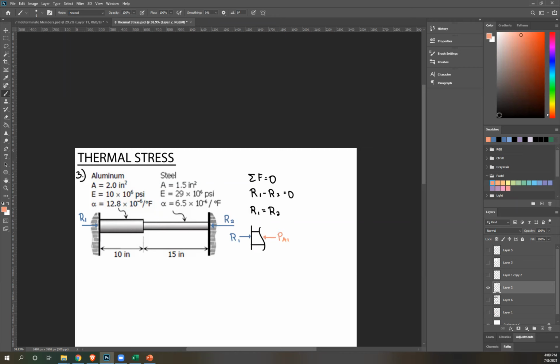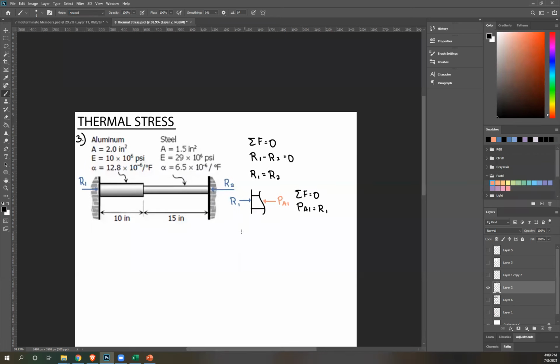And then again, summation of forces equals 0. You'll see that PAL is equal to R1. I'll do the same thing for the other side.